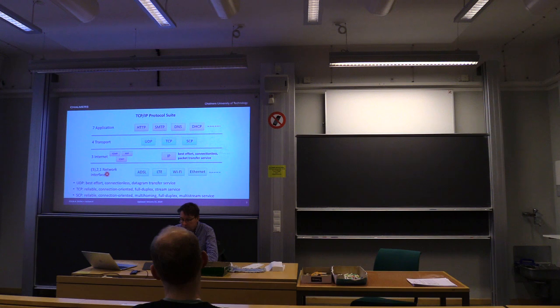A number of protocols reside in each layer. What we talked about last time was IP, and then these 3 protocols in the transport layer. And previously we have talked about a few of these application layer protocols also.